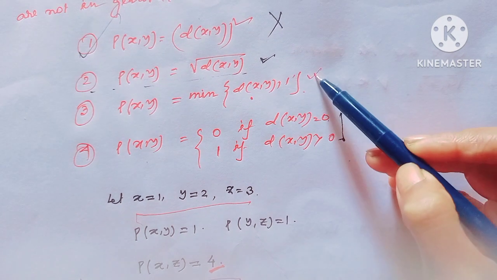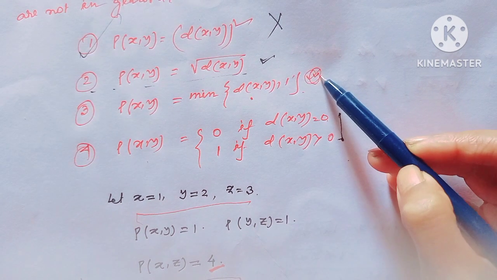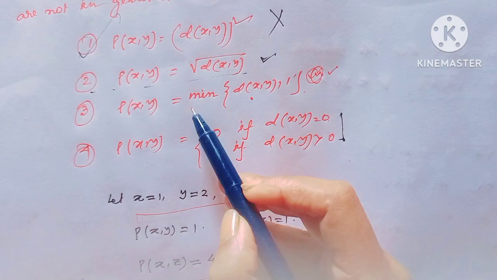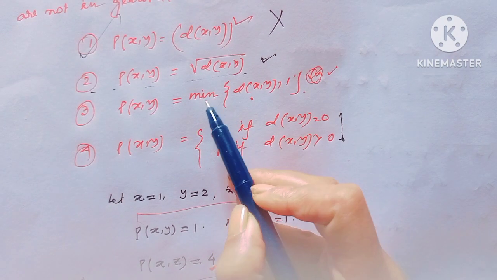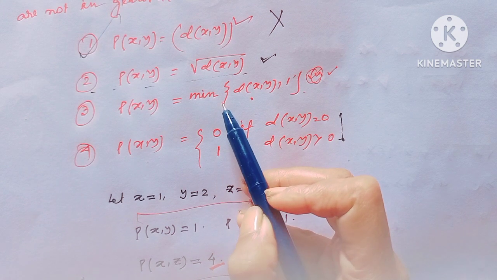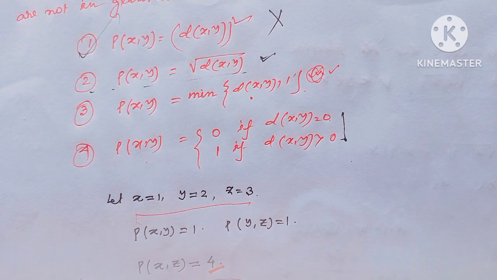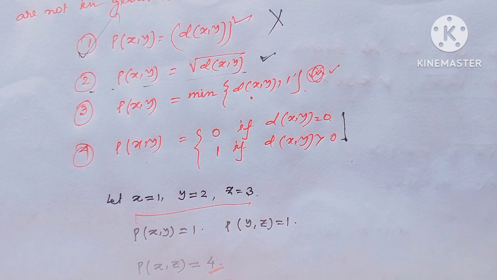This type of example is actually very important. But if it were maximum instead of minimum, then obviously this rho would not be a metric. I hope all my viewers have understood. So only option 1 is the right option, because the question asks which of the following is not a metric on the space X.